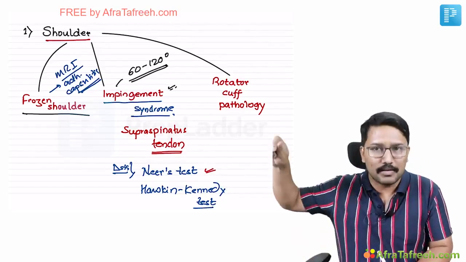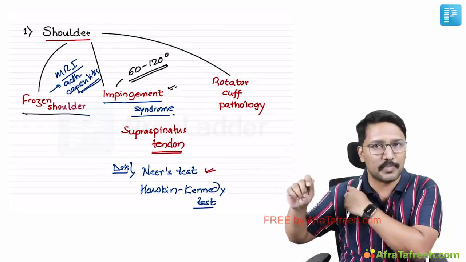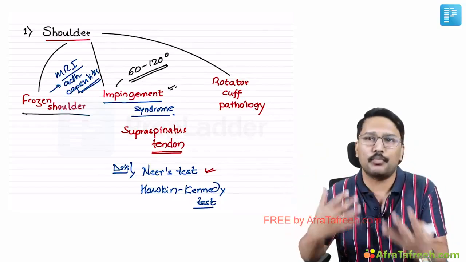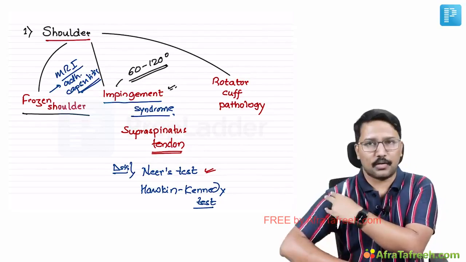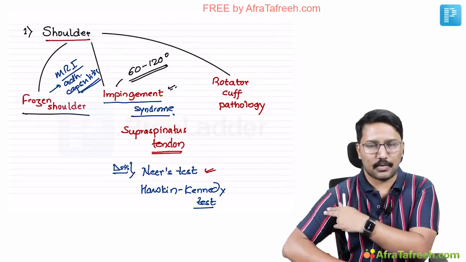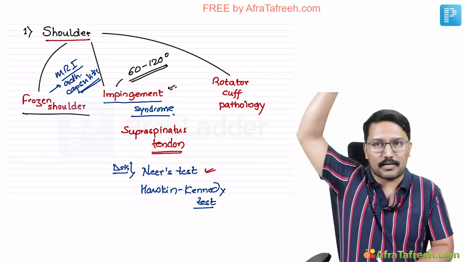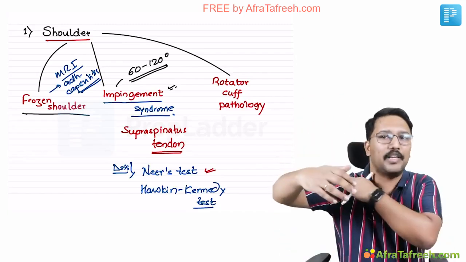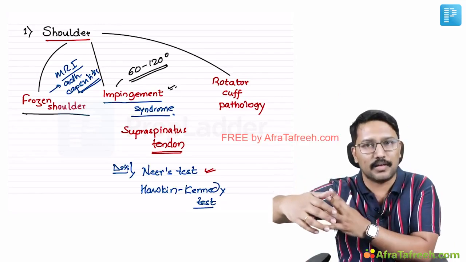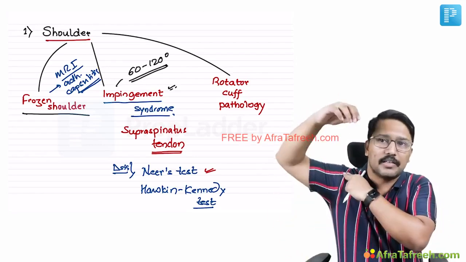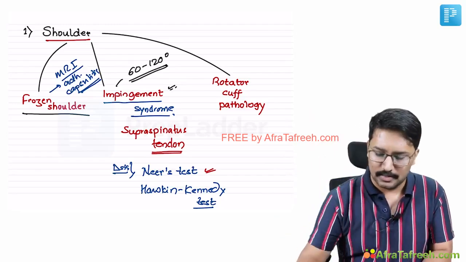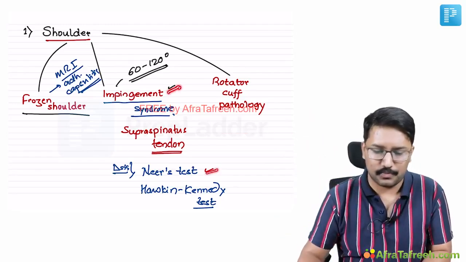When we try to abduct the arm, the supraspinatus tendon is getting impinged. So we try to provoke this. And so what can we do? Hold the patient's shoulder in internal rotation, and then try to abduct it. When we try to abduct it, it precipitates the pain, particularly when the range of movement is between 60 to 120 degrees. Here, in the mid-range of movement, it precipitates pain, right? So that confirms that there is impingement syndrome, right?